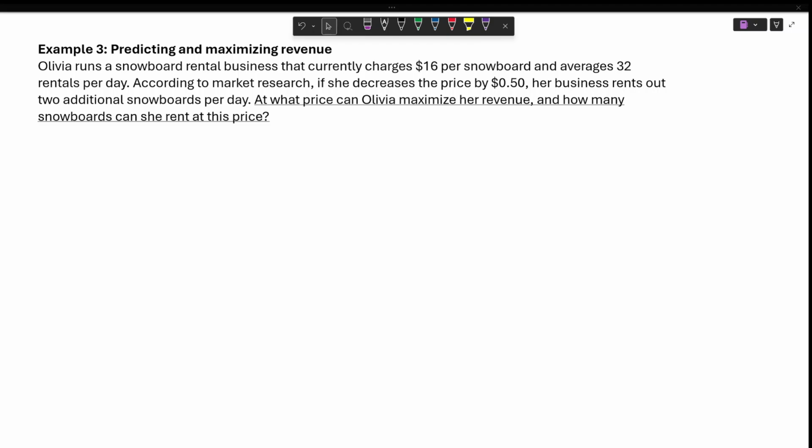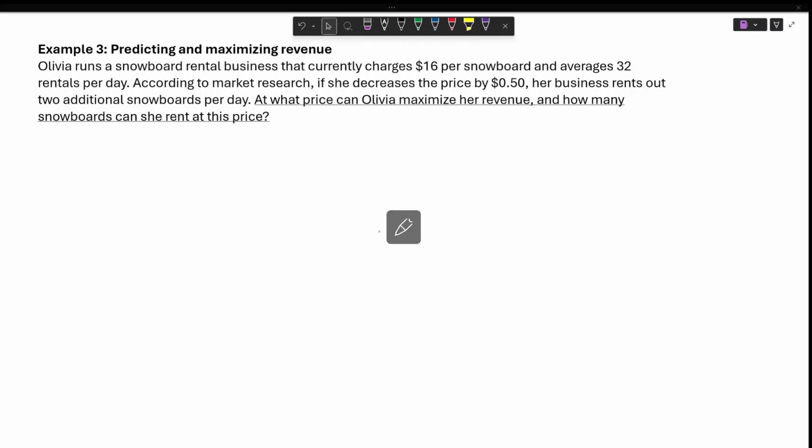Or maybe you should increase the price. If you increase the price, maybe the amount that people will buy will decrease, but maybe overall your revenue might go up. So that's the trade-off here: where exactly do you get the most money?